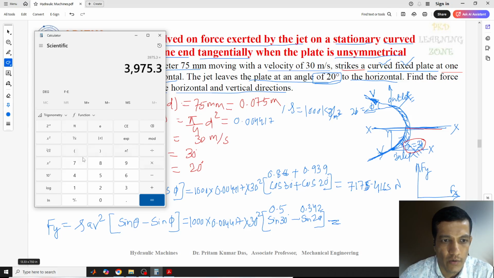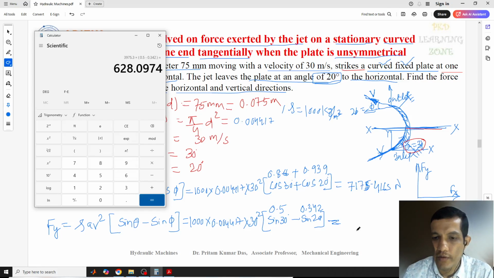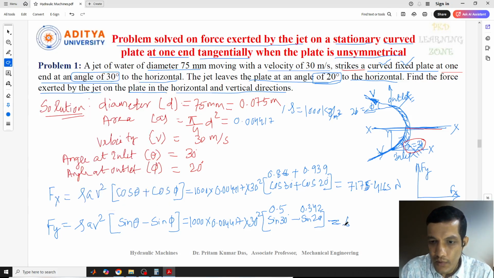Now into bracket, 0.5 minus 0.342, bracket close. We got the value 628.01 or something, this much Newton. So this is our final answer.